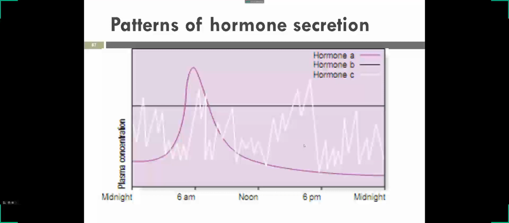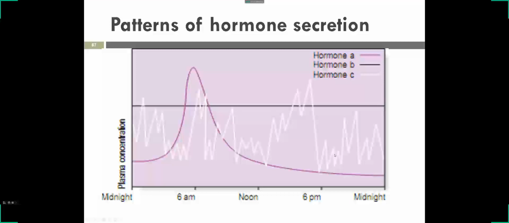So this is just an example of 3 different hormones. You can see you need to know what you're measuring and when you're measuring it, because hormone A here, if you measure at noon, you'll see very low levels of hormone. And if you don't know what you're doing, you may misunderstand that actually this hormone should be very high early in the morning. Hormone C is all over the place.